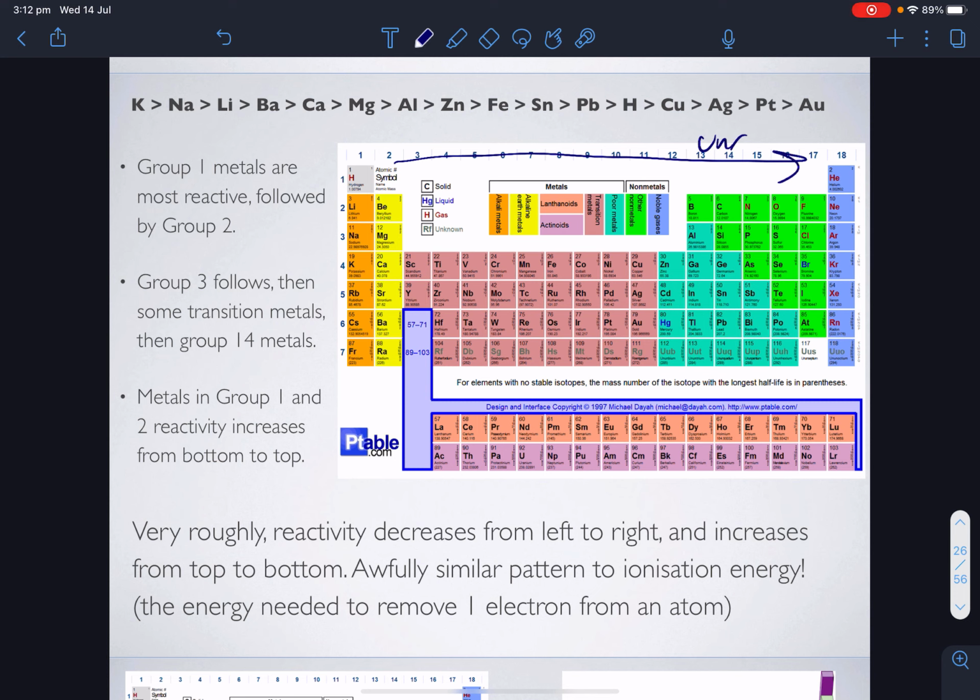So unreactive, and from top to bottom. Awfully similar to something we've seen, the pattern of ionization energy. Okay, so the energy needed to remove one electron is closely related to, if not a function of, activity.